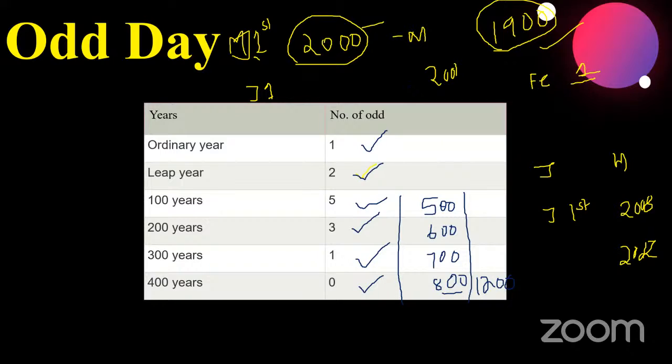Okay, is there any doubt till now? So maybe you have a doubt in the calculation of how many odd days there are in 100 years for the leap year. Okay, so those doubts we will see in the revision class. Again we can try to explain that and we will see that explanation in the revision class.